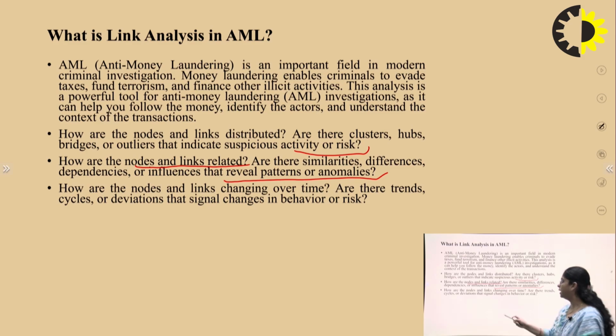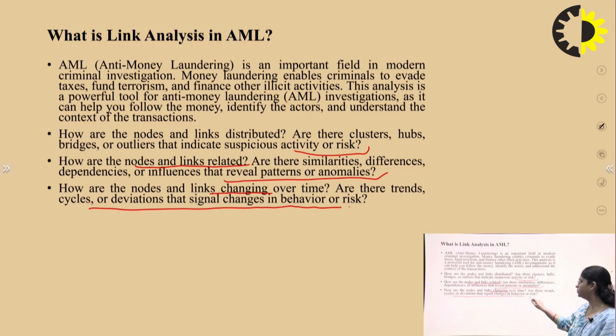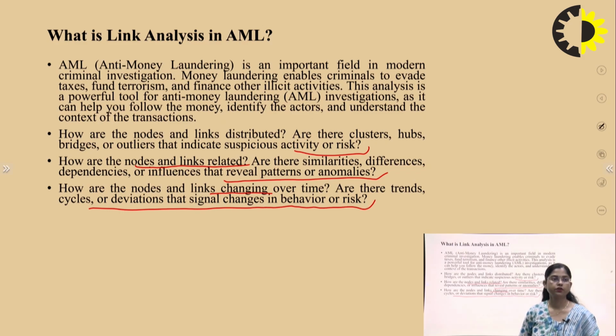Next, how are the nodes and links changing over time? These are the trends, cycles, deviations that give insights and signal changes in behavior or risk. So these principles also work for various anti-money laundering investigations.